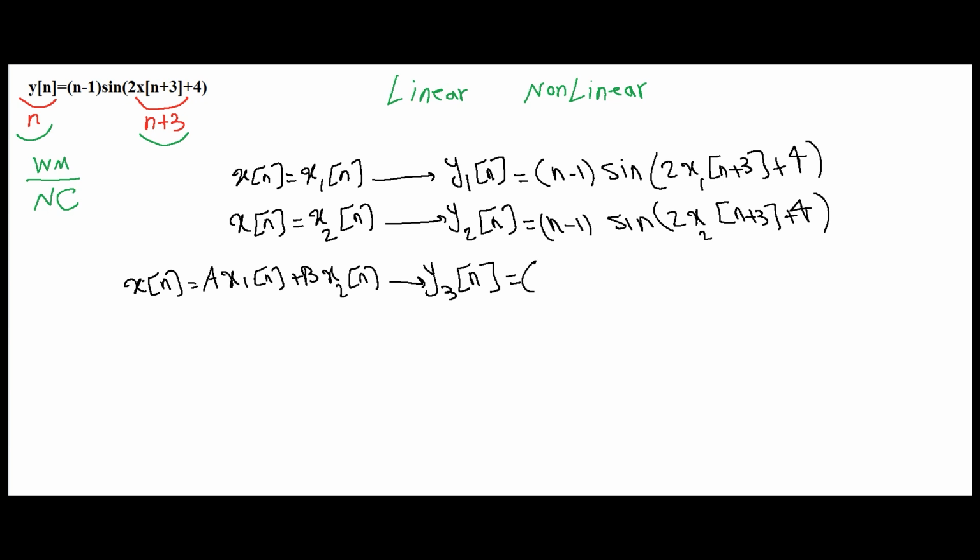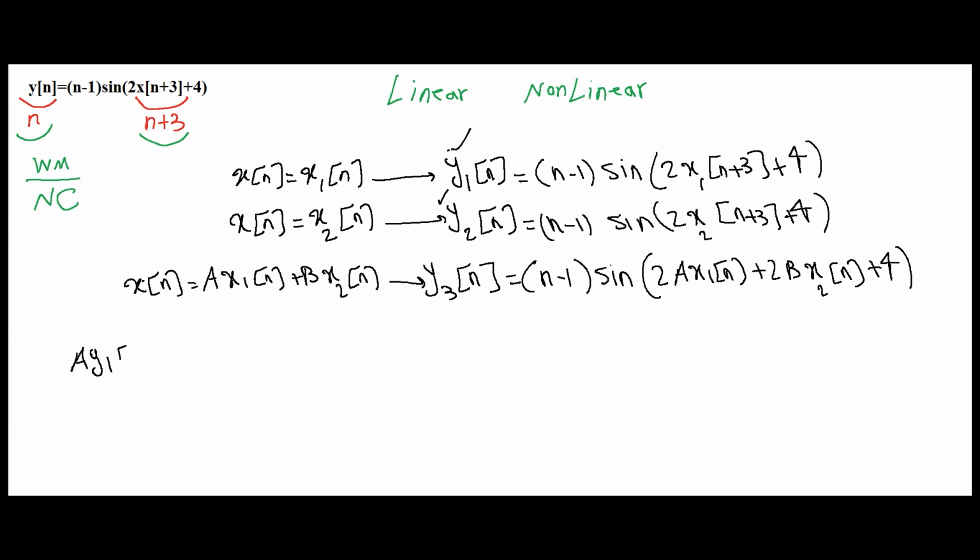If x[n plus 3] appears, then only n changes accordingly. So y3[n] becomes (n minus 1) multiplied by sine of 2a x1[n plus 3] plus 2b x2[n plus 3] plus 4.